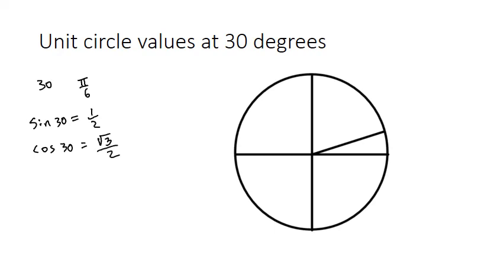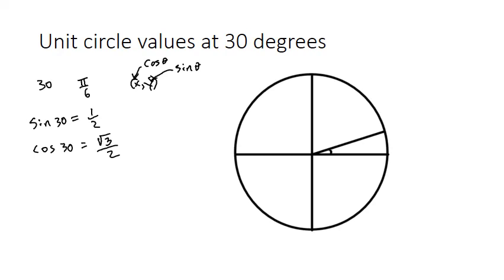So let's say that we put all this information together, and of course the point x, y associated with that, the x represents the cosine and the y represents the sine of the reference angle.